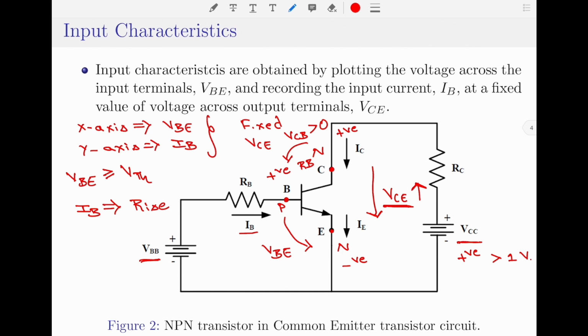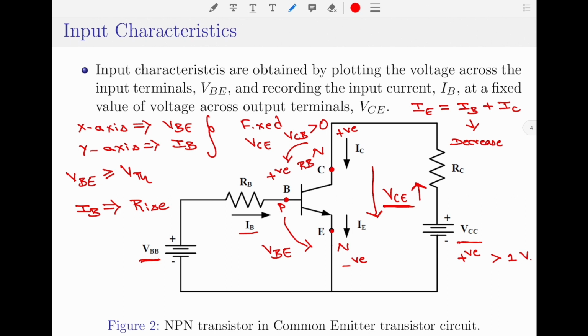Let us recall the equation that relates the currents in a BJT, which is IE equal to IB plus IC. Since increasing the value of the collector to emitter voltage decreases the base region, the effective base current will decrease.